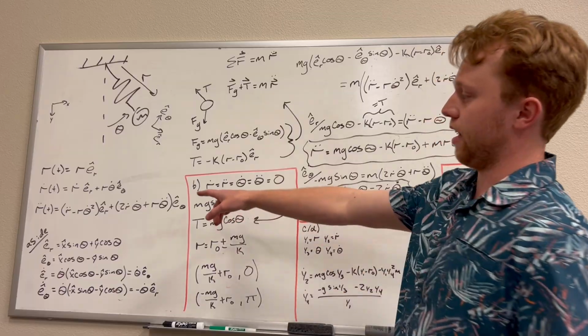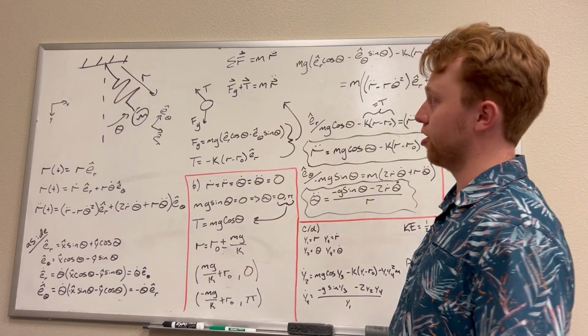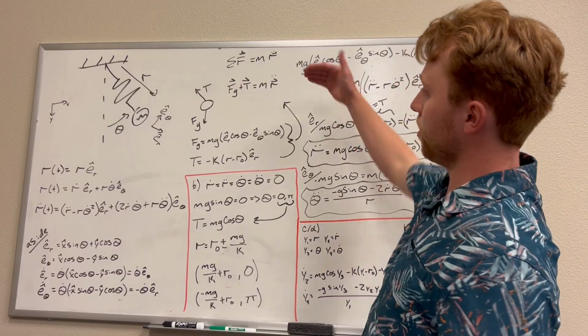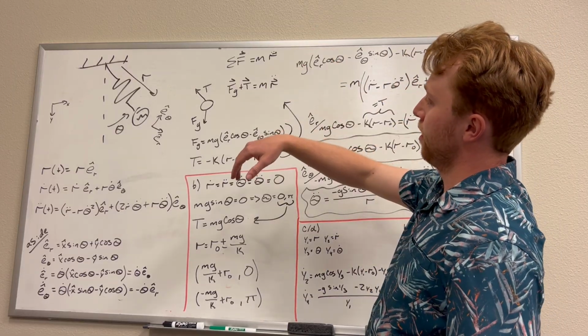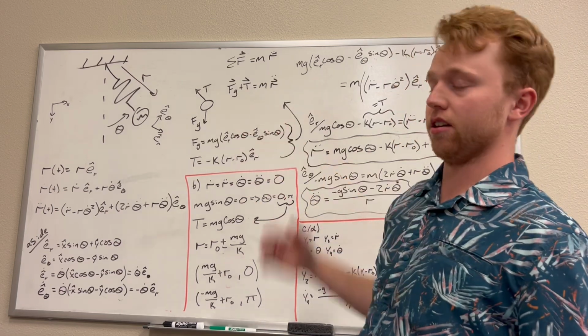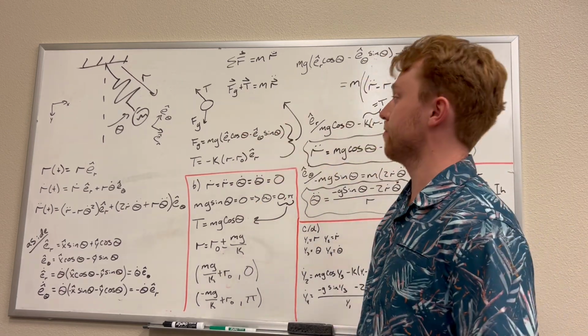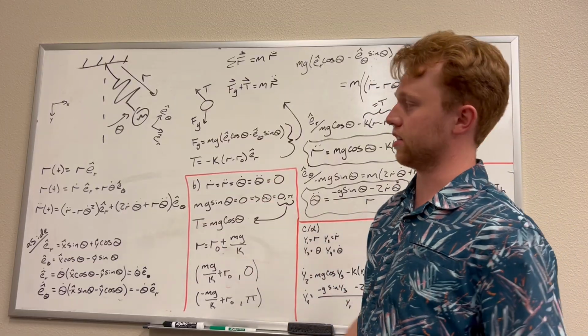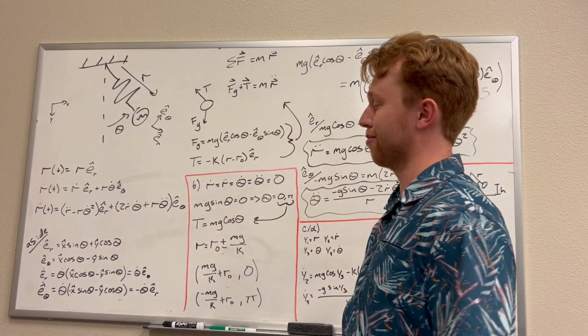Then we can take our equation for acceleration of the ball to get the governing equations of the system. So we start with our FBD. Sum of the forces is mass times acceleration. The only forces acting on the ball are tension and the force of gravity. The force of gravity is in the positive y direction, and I set positive y equal to down.